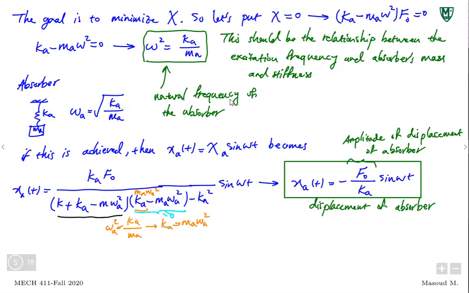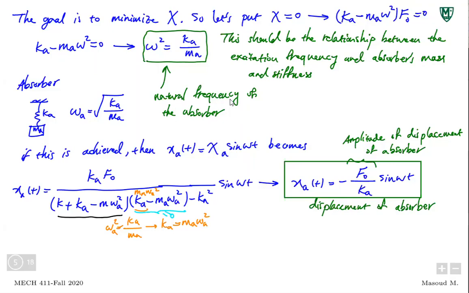The relationship between the excitation frequency and the properties of the absorber. If we look at that relationship, we see that that is actually the natural frequency of the absorber. If you think of the absorber as just a spring mass system, natural frequency of the absorber is the square root of Ka over Ma.